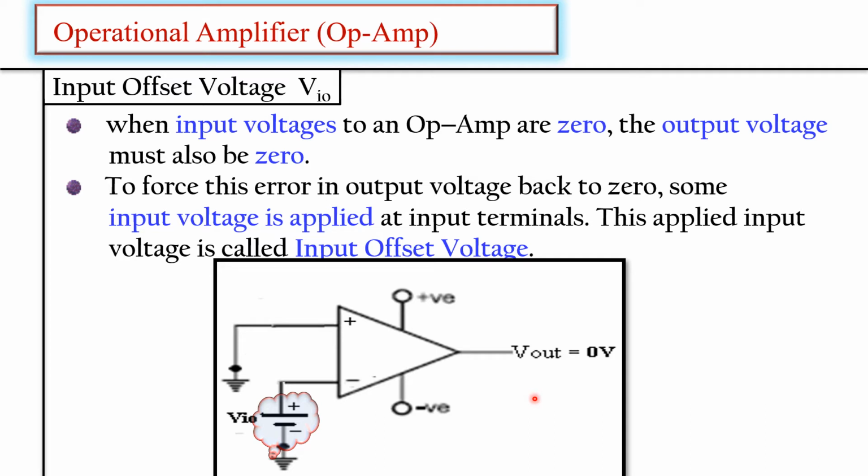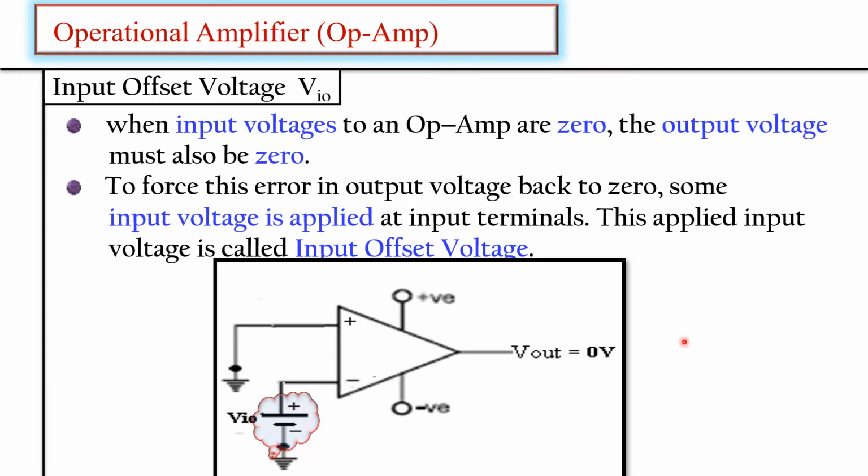Suppose we apply a differential voltage of opposite polarity at one of the input terminals, we can ensure that the output of the op-amp is 0 volt. The error voltage that appears at the output even though the inputs are grounded, to nullify this error voltage, we connect a potential difference of opposite sign.